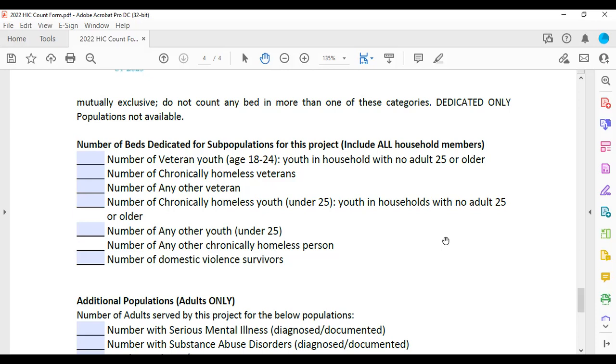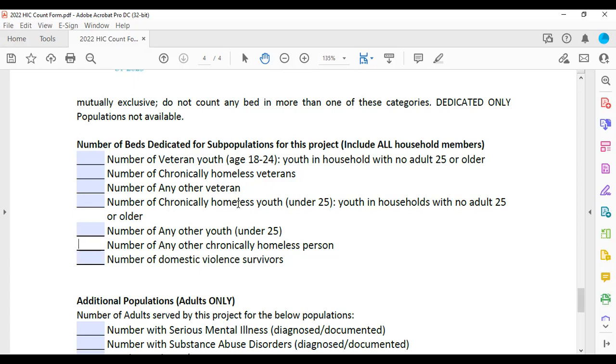Correct, correct. That's why I said for like the domestic violence programs, they would put a number because they don't serve anyone else that's homeless other than domestic violence survivors. Those that are chronically homeless in some of the supportive, I know the city of Fayetteville has projects that only serve chronically homeless persons, so they'll put a number in there.